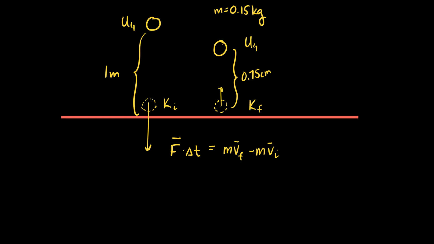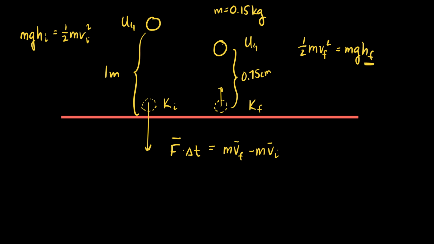So I'm thinking mgh initial equals 1/2 mv initial squared. This should give me how fast the ball is going just as it strikes the table. And then it leaves the table with 1/2 mv final squared, rising to a height that is less than before.